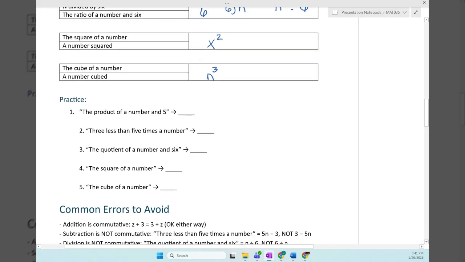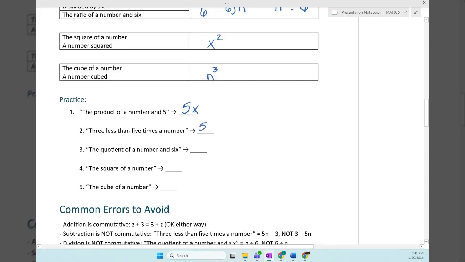All right, so let's practice these next 5. So take a few minutes and see if you can write the algebraic expression for each of these. All right, so the product of a number and 5. Well, remember product, we're going to be multiplying. 3 less than 5 times a number.